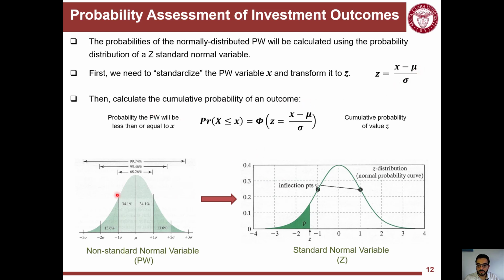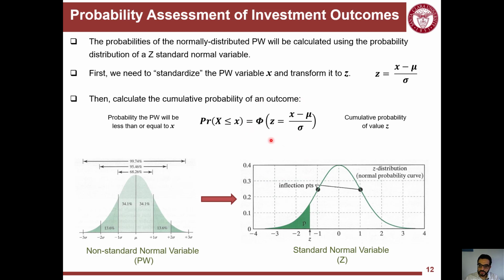And we normalize it here to be a Z variable, not X, which refers to the present worth. So Z will be equal to X minus mu, the mean, divided by the standard deviation. And now when we say the probability of the present worth, or the variable, being less than a specific value in the non-standard form of the normal distribution, it will be equal to phi, the cumulative probability of a value less than this Z, which is the standardized form of the X value here.